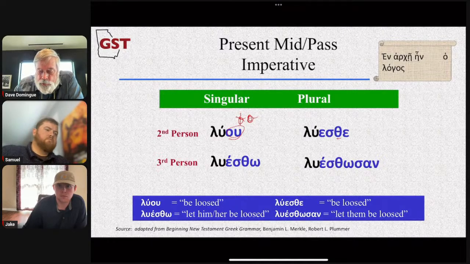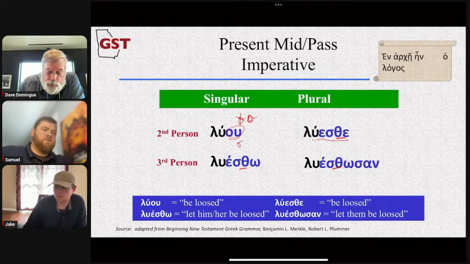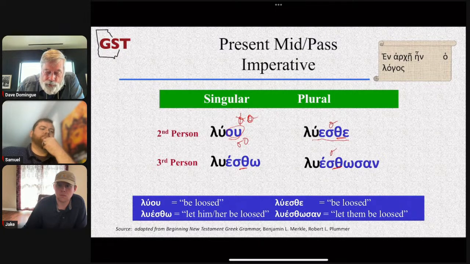It's a lot easier to see the middle passive with the theta there. It helps. But it does help to know that this is actually a sigma omicron because they all have the sigma, then just the omicron, and these have the thetas.